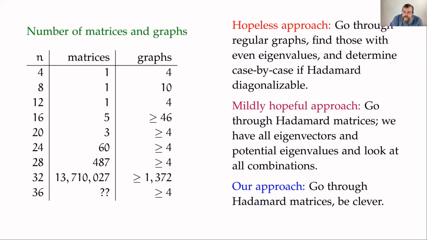Look, we had 46, we're at 50. So there's 4 more that fall outside of the Sylvester construction that can be diagonalized. And at 24, well, we were at 4 and we jumped up to 26. Okay, so there's a lot there. And on 32, well, we went from 1,300 to over 10,000.